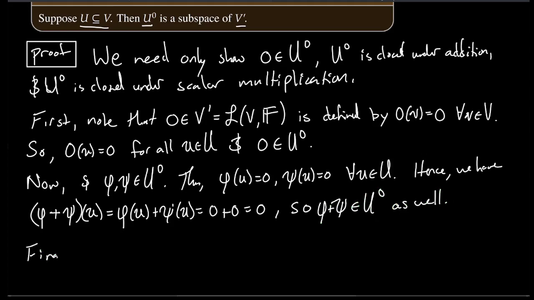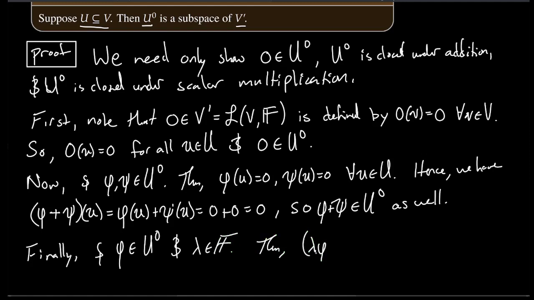Finally, suppose phi is in the annihilator of U and lambda is in the field. Then lambda phi of u, well, this is just lambda times phi of u, which is just lambda times 0, which is just 0.